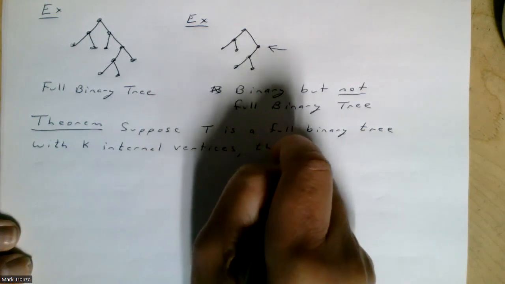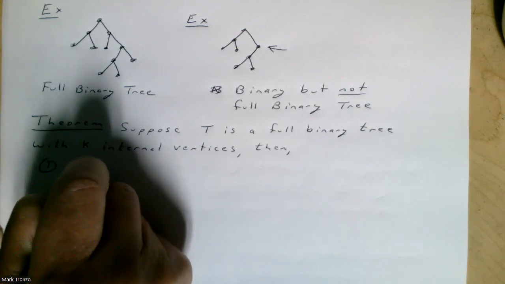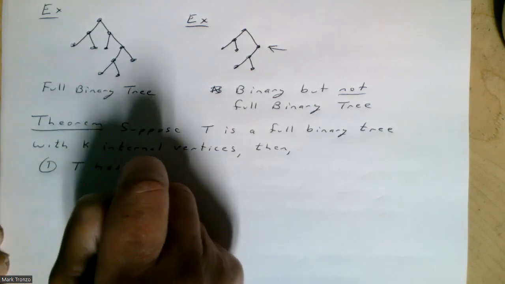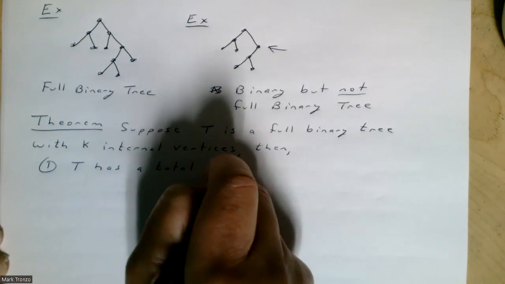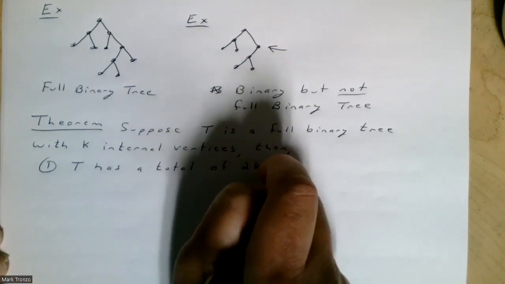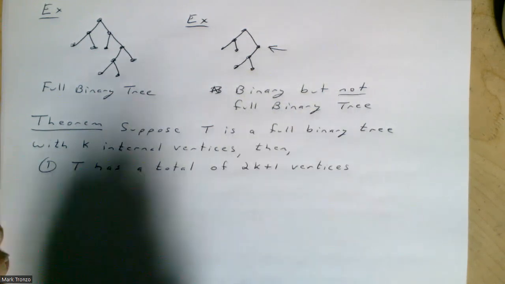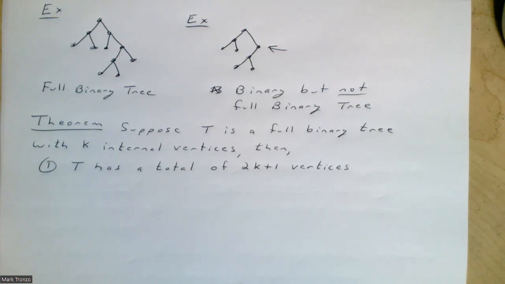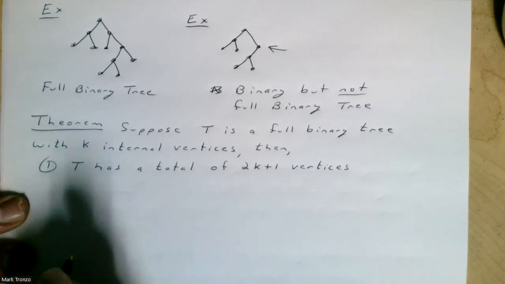Then 1, T has a total of 2K plus 1 vertices. So the full binary tree has K internal vertices. Remember, internal vertices, those vertices have degree more than 1. Then its total number of vertices is going to be 2K plus 1.